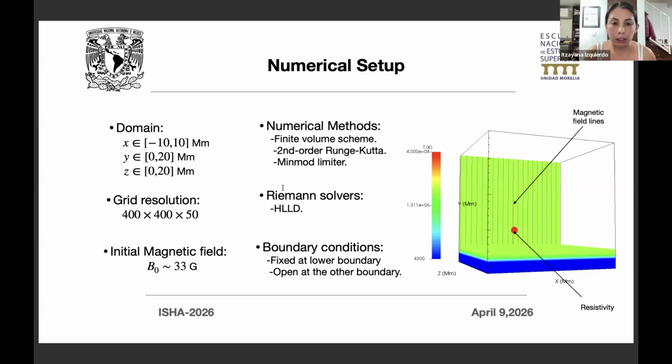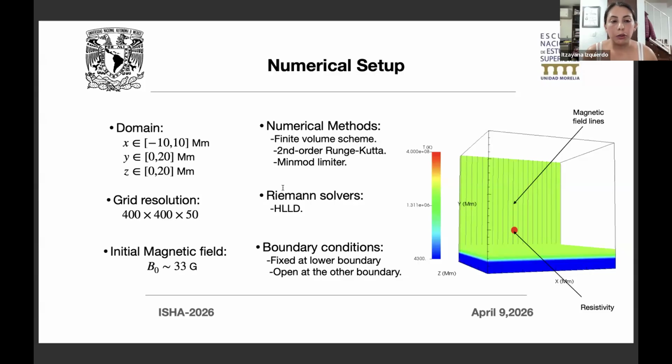So all simulations are performed using standard numerical methods like a finite volume scheme with a second-order Runge-Kutta integrator and a mid-mode limiter for the linear reconstruction. We use HLLD Riemann solvers and use fixed boundary conditions at the lower boundary and open elsewhere.